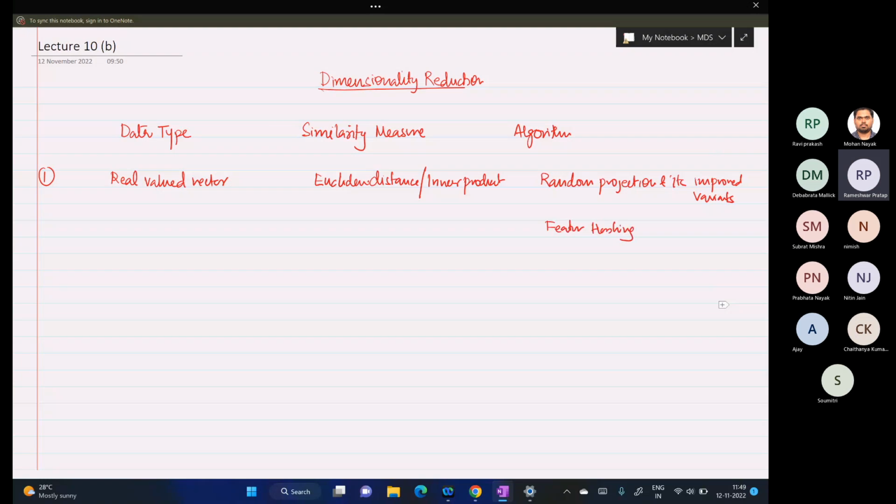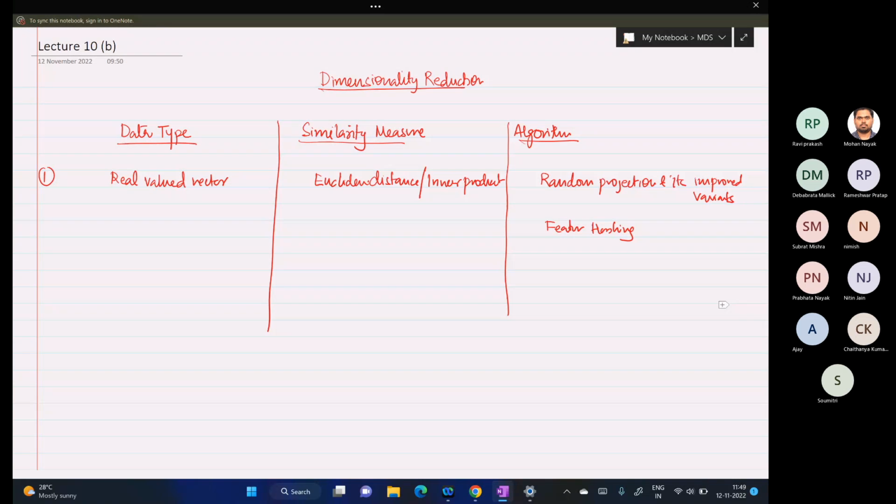Right? But the data can also be represented in a different data type, not necessarily a real valued vector. So in your application domain, can you think of any other data type in which data is represented?